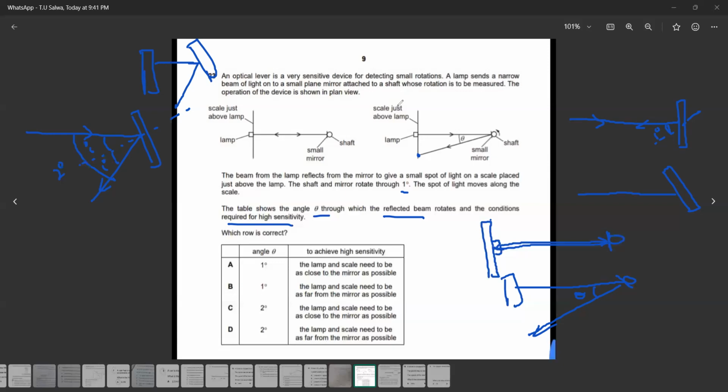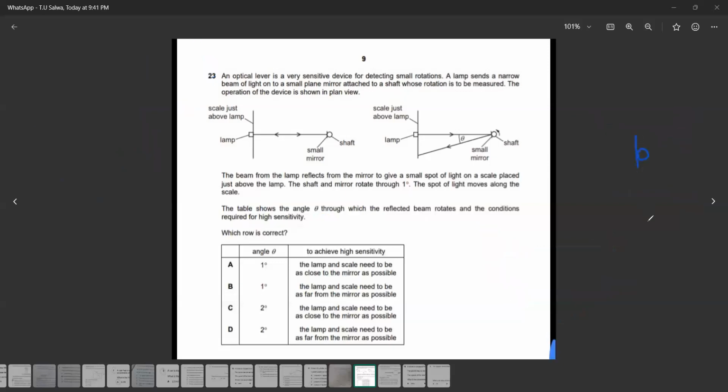Because the mirror on the shaft is rotated. This was a mirror, and then the mirror rotated 1 degree from the original position. So if the angle of incidence increased by 1 degree, the angle of reflection will also be 1 degree. So the total angle rotated is equal to 2 degrees. No, the angle of incidence and angle of reflection is not 0.5.